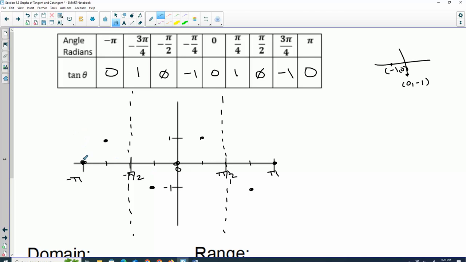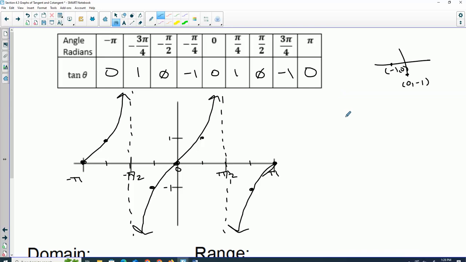When you're graphing these, we know that as you're getting closer to an asymptote, your line has to be approaching it. So it's a curve that's getting closer to these asymptotes. So it looks like this.